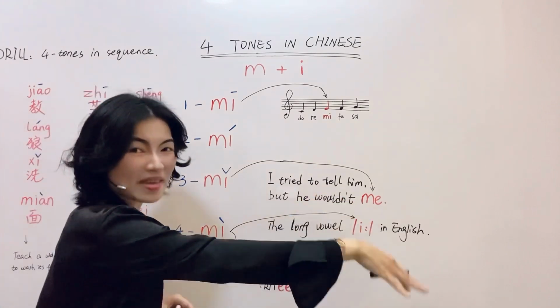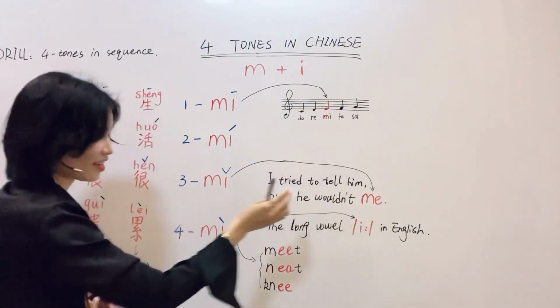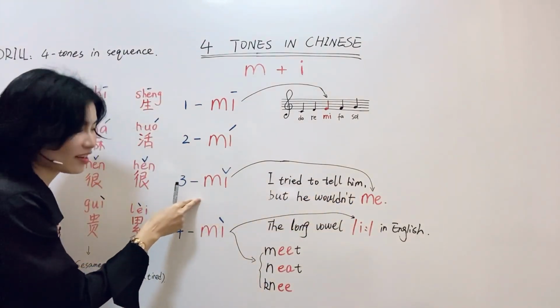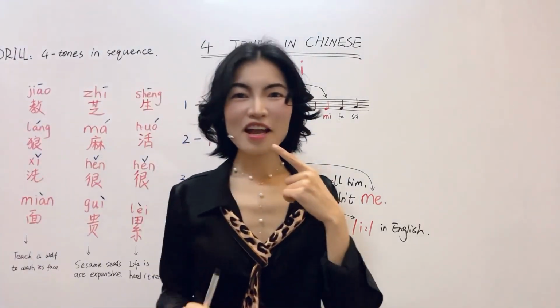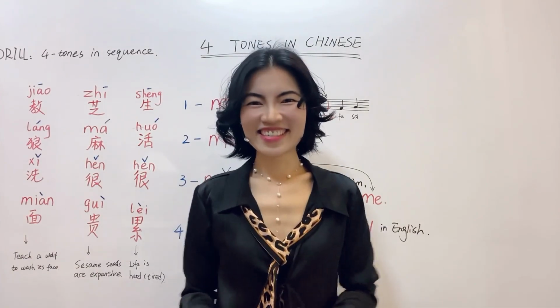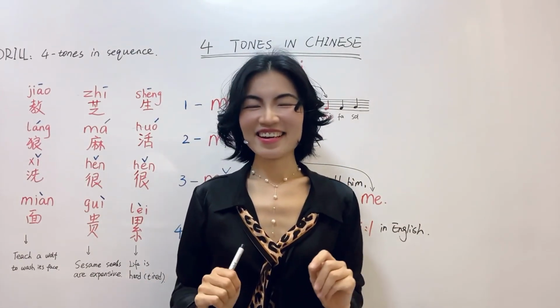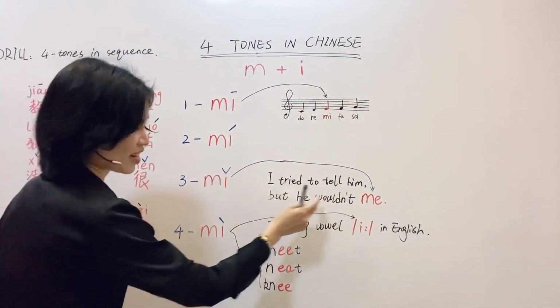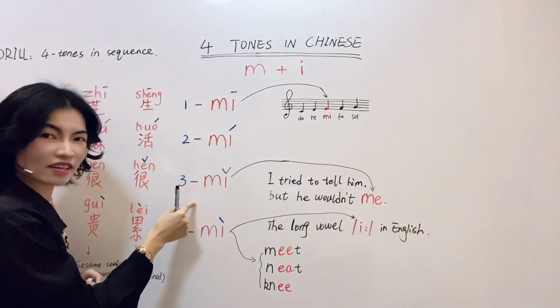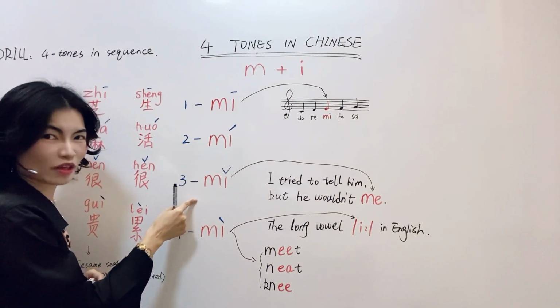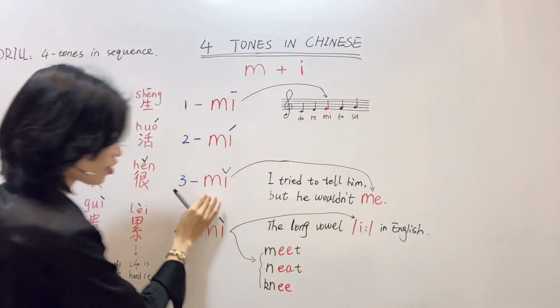This me right here is the third tone in Mandarin Chinese. All right, say it with me, please. Me. So just practice the sentence in English and then you'll get the gist of the third tone in Chinese, okay? So that's the third tone taken care of.